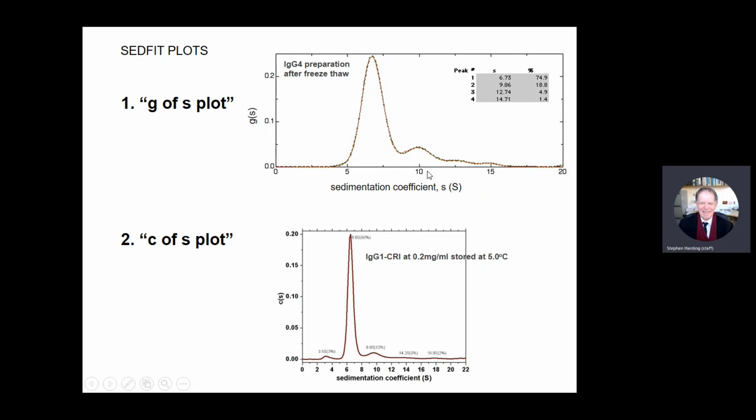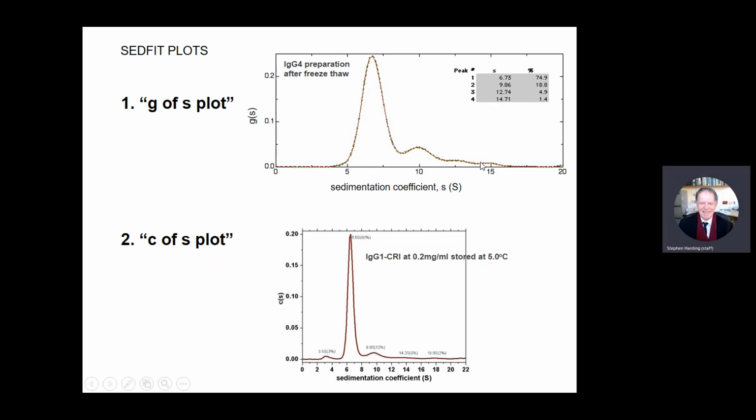So this is not a very pure preparation. The manufacturer would want the molecule to be higher than 99% monomer, and this is only 75% pure.